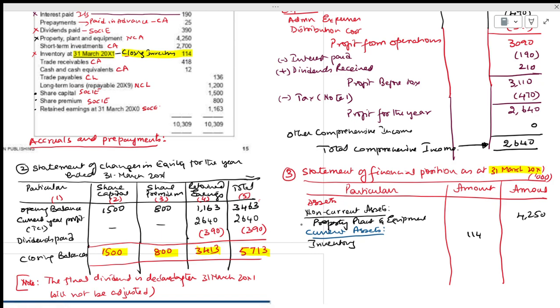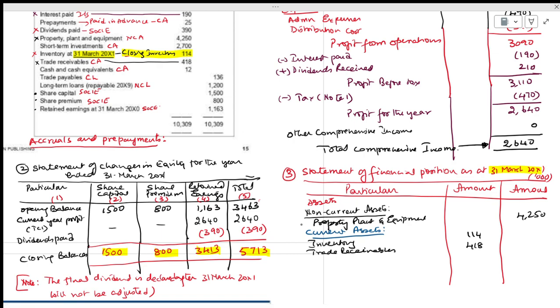Okay. Next. Receivables are how much? Trade receivables, 418. Next. There is a short-term investment.